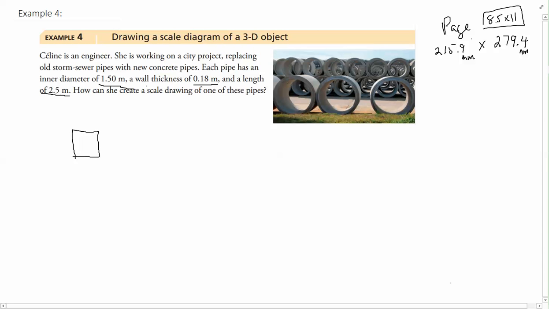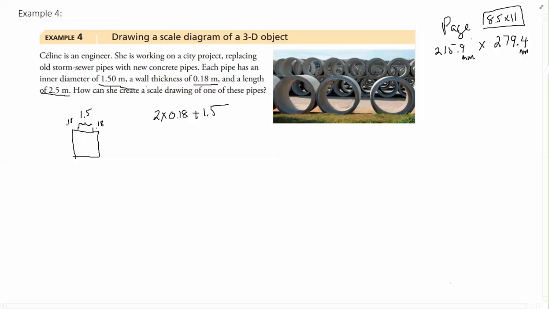So we'll have a rectangle where the inner diameter, from here to here, would be 1.5 meters, and we have 0.18 and 0.18 meters on each side. So our total width is 2 times 0.18 plus 1.5.